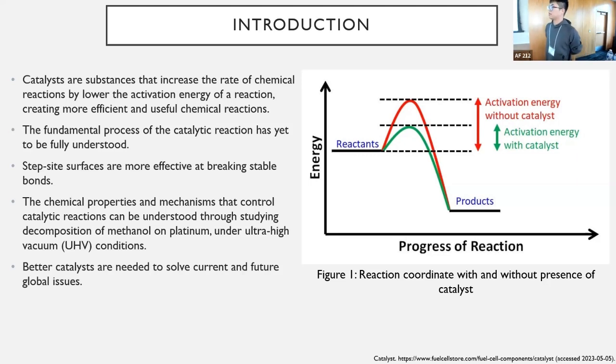In the case of methanol on platinum, step-site platinum would generally break the OH bond, the stronger bond in methanol, while other surfaces like flat surfaces would break the weaker bond, the CO or CH bond. But in reality, we see the exact opposite. So we want to know why that is happening.